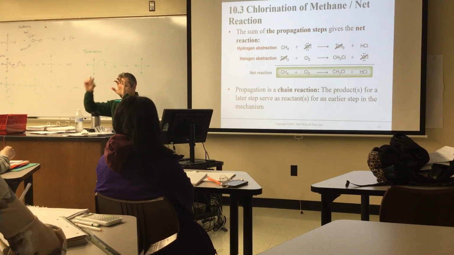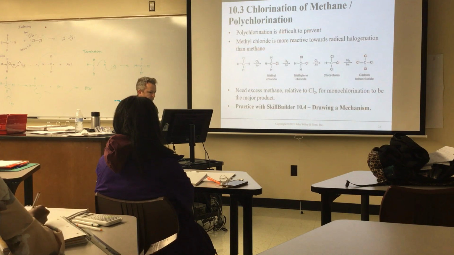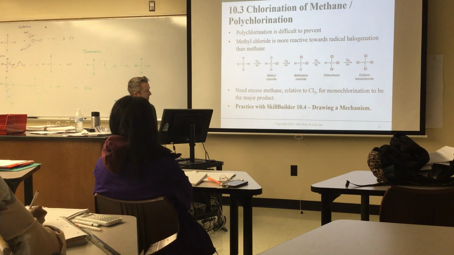So you're always propagating new radicals whenever you have a neutral species still hanging around. And there it is. It is difficult to control, and therefore if you have chlorine still hanging around, you're going to eventually get to carbon tetrachloride.